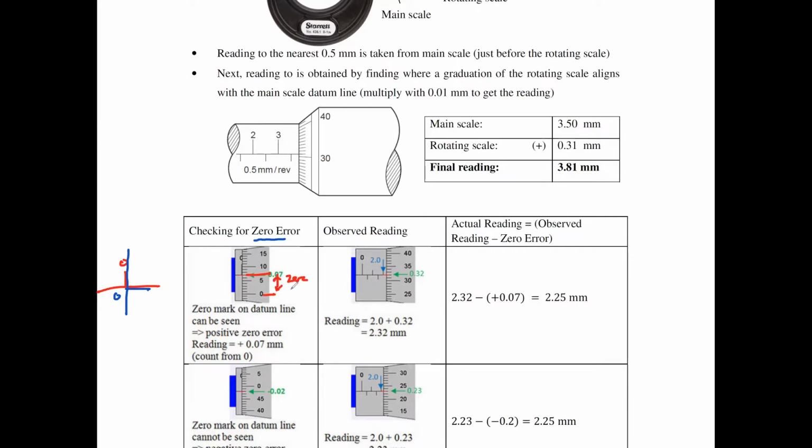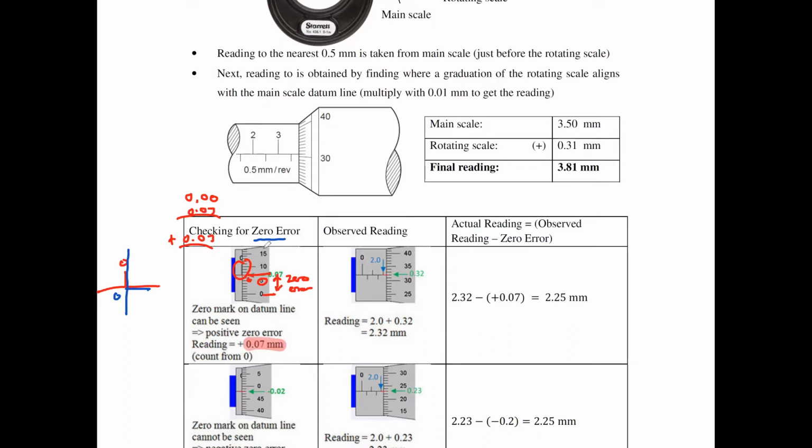What you do is you take the reading of the main scale just right before your rotating scale is at 0, and then you read the rotating scale reading that is aligned with your main scale. You can see here this one is 5, this one is 6, this one is 7, so it's 0.07. So you have a 0.07 zero error.